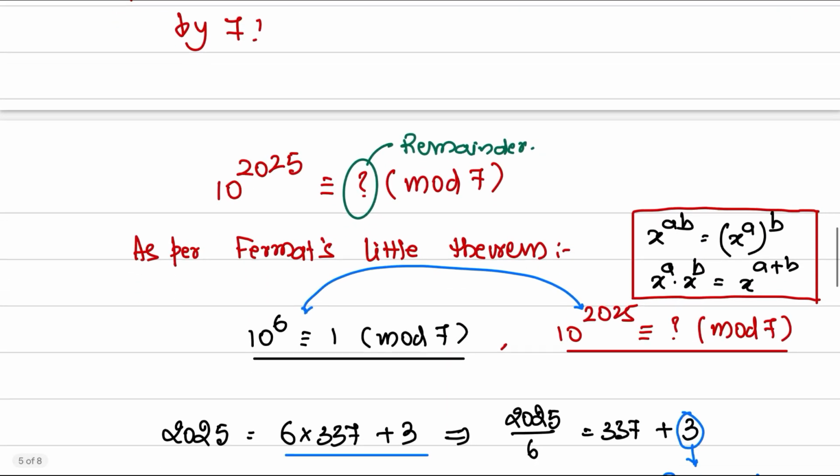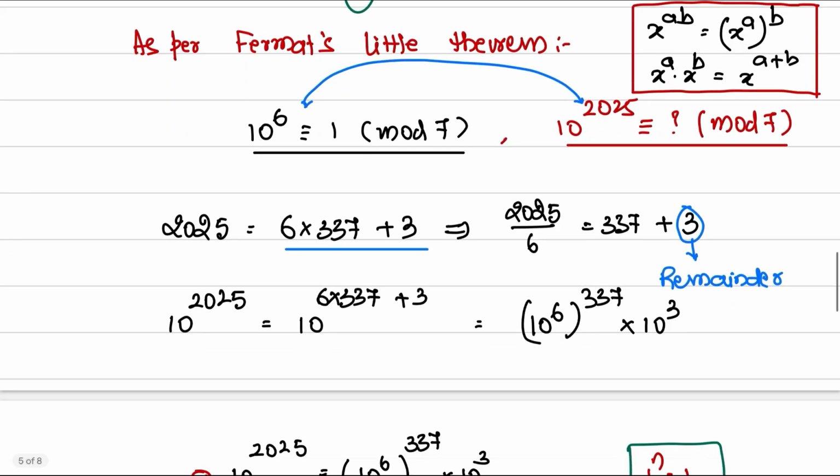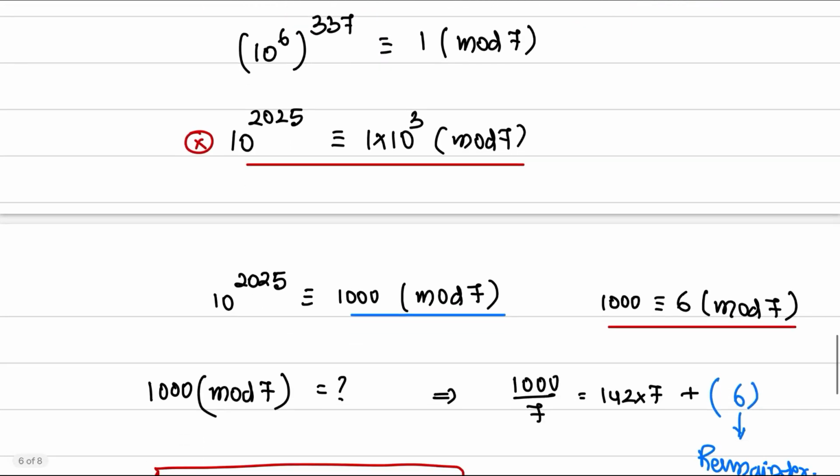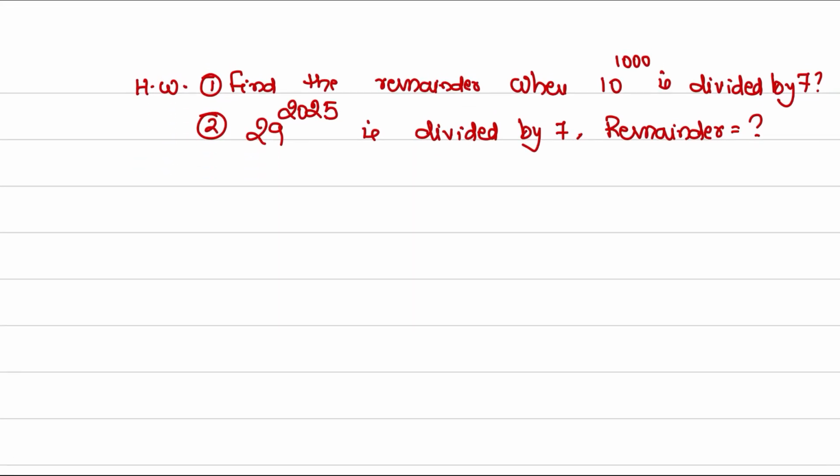This is a type of modular arithmetic where we can apply the theorems and get the answers. When we try to do the questions manually, without using any theorems in number theory, we can get the answer, but it will be a very lengthy process. We require practicability and speed, how fast we can answer the question.